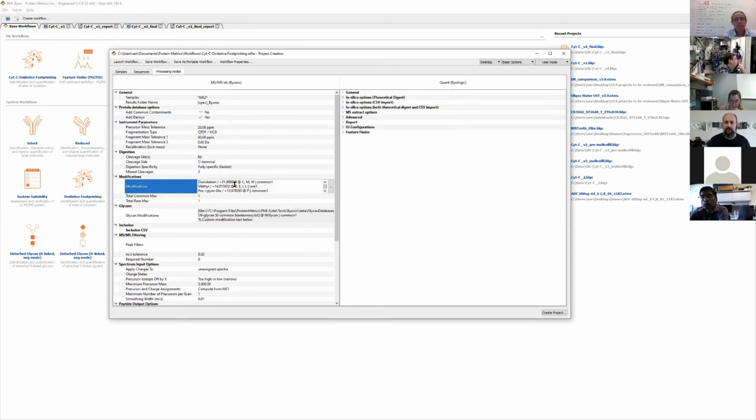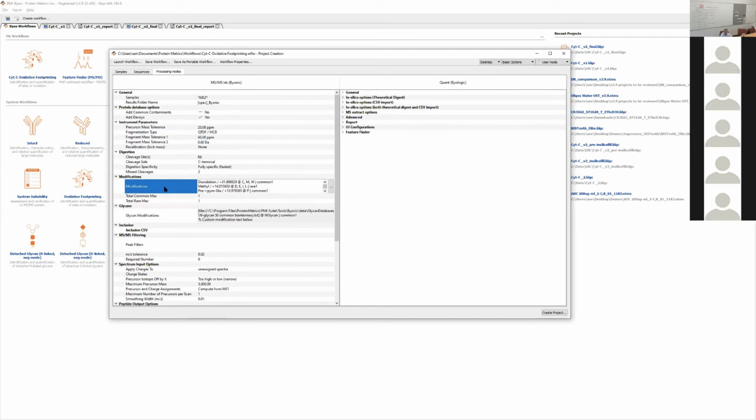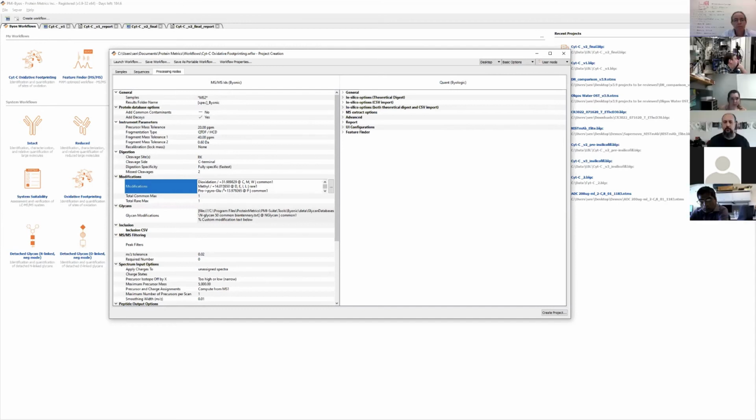Down here is where things are very specialized for oxidative footprinting experiments specifically, and that is the modifications. So in this set, we have, for example, a list of oxidation modifications on a lot of different residues. And these are customizable, of course, depending on the experiment you do, what residues you expect to be oxidized.